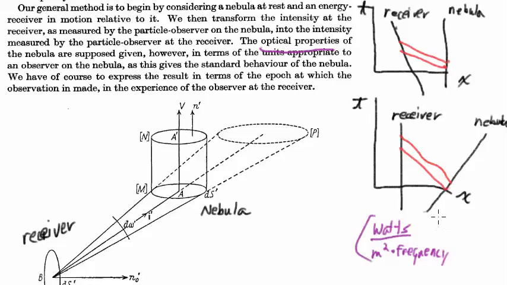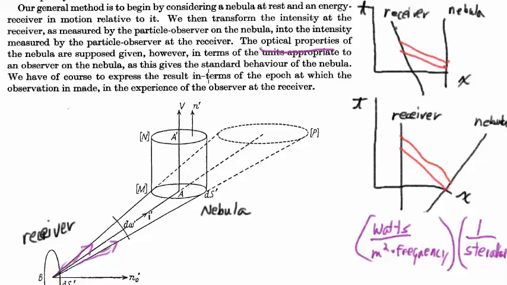Now, I'm thinking that watts per meter squared per frequency, all of these things are properties of the nebula's emission, but the per steradian, I'm not quite sure. That's going to change a bit. This is definitely an observer-dependent quantity, I think. That solid angle in which the nebula is viewed.